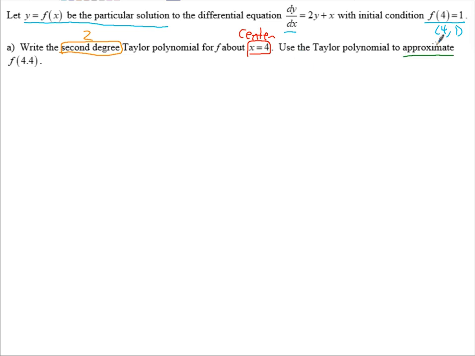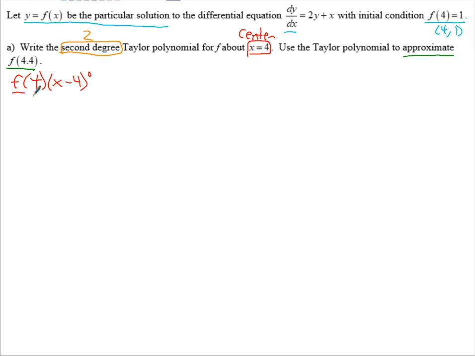So let's get the pattern started here. Remember we have the 0th derivative, which is the original function, and we plug in the center, which in this case is 4, times x minus the center, x minus 4 to the 0 over 0 factorial.